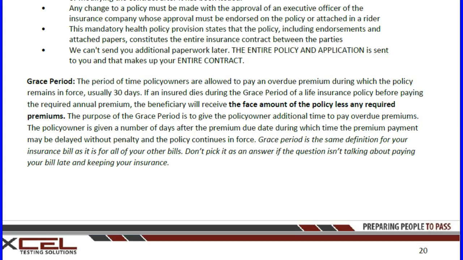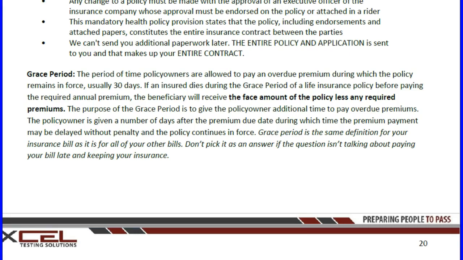If an insured dies during the grace period, the beneficiary will receive the face amount less any required premiums. Grace period means the same for your insurance bill as it does for all your bills. Don't pick it as an answer if the question isn't about paying your bill late and keeping your insurance.